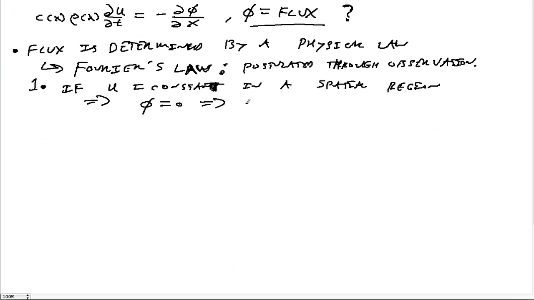And that means that the partial of u with respect to t will also be 0, because if the flux is 0, then the spatial derivative of flux is also 0, which makes no change in heat happen. So we can think of constant temperature throughout the entire spatial region as being an equilibrium point.